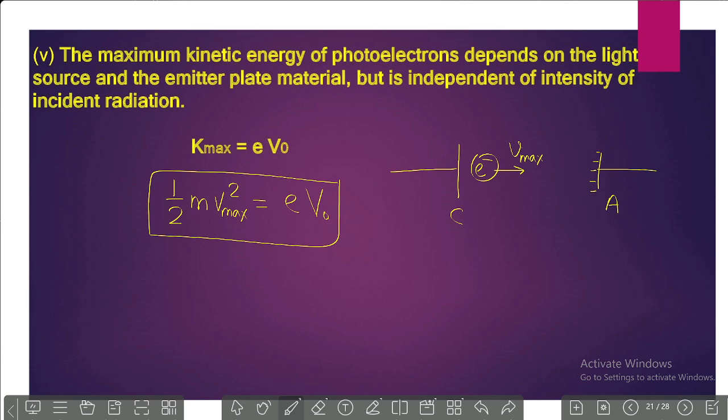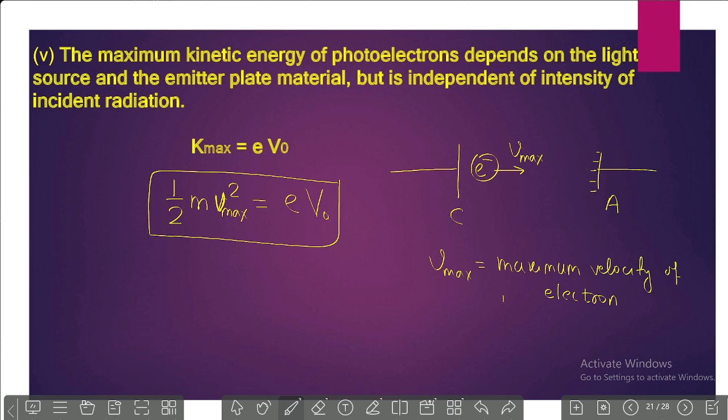Now if I want to find the velocity of the electron, you can find it also. Remember, V max, I am writing a small v. So understand carefully what V max is: the maximum velocity of the electron. K max means the maximum kinetic energy of photoelectrons.